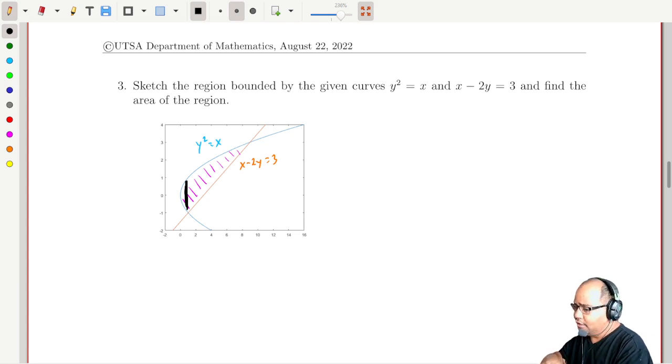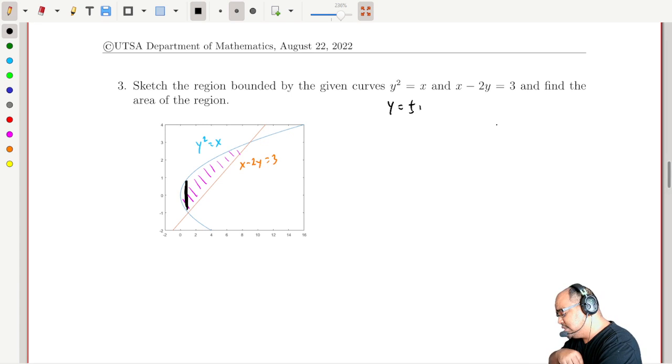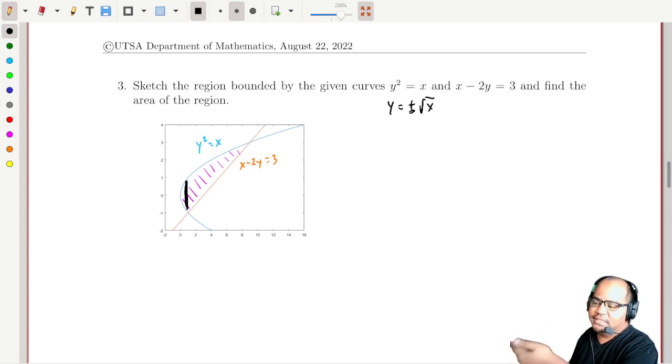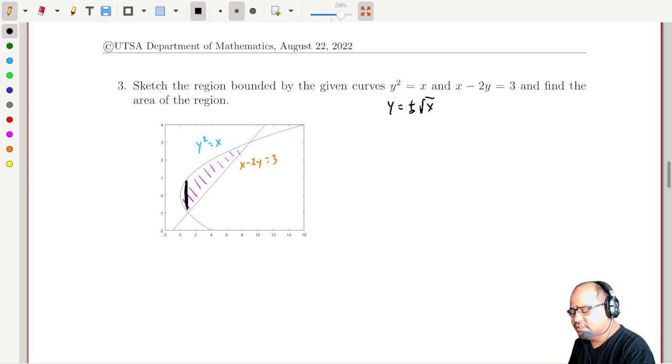This is a function of y, okay? In fact, if you tried to solve this thing for y, we'll technically get y equals plus minus square root x because you have two branches of the square root. The plus branch is the top half, the minus branch is the bottom half. And this kind of makes the work a little bit more difficult for us.